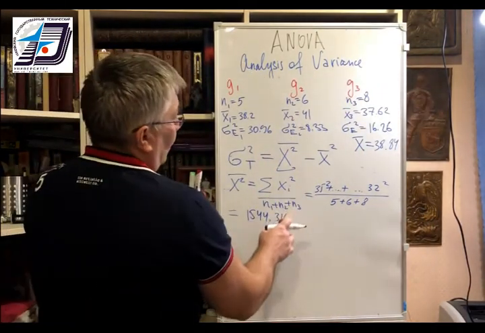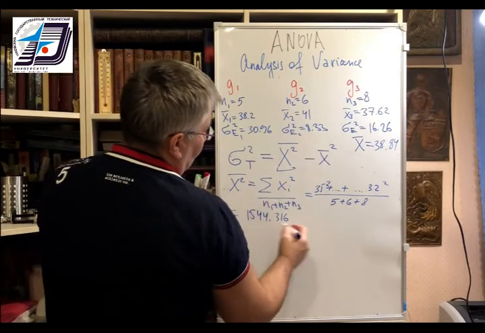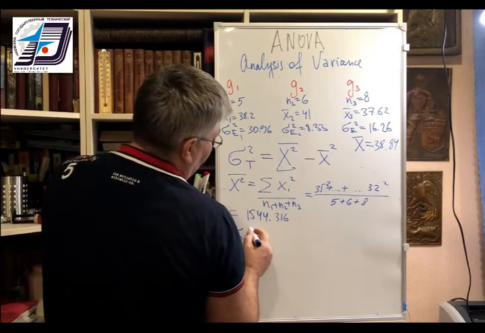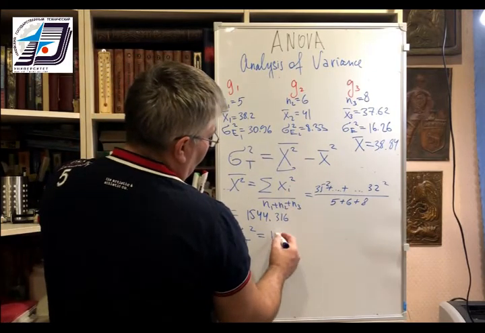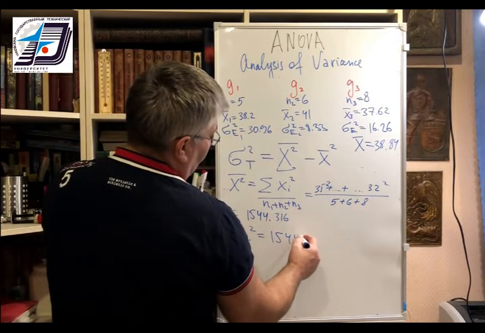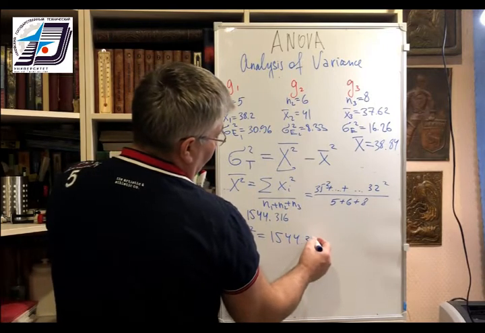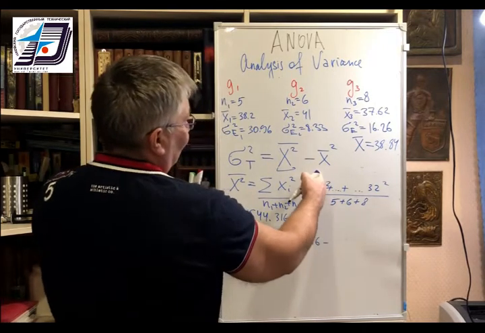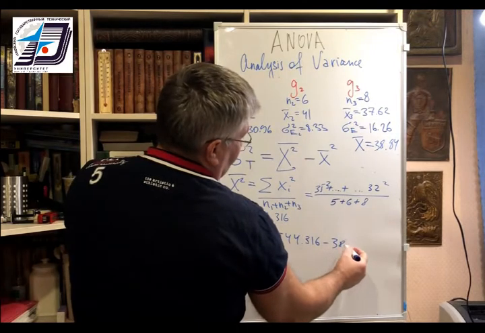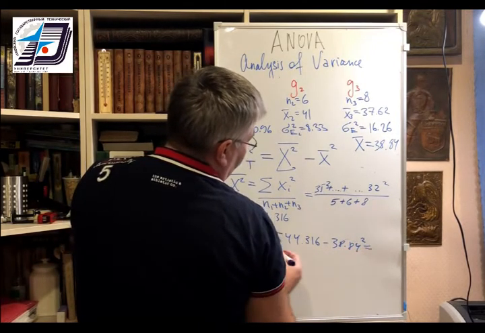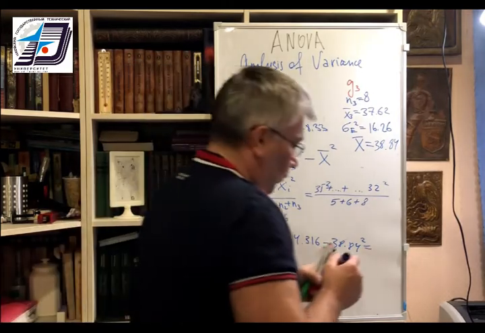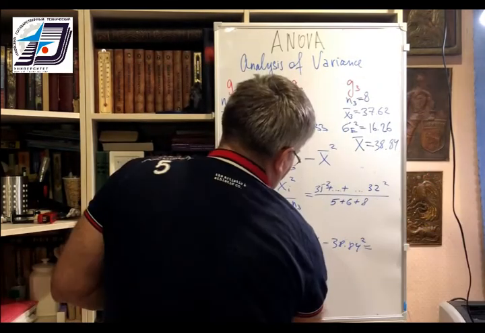And if you put this number into the formula for total variance, we have 1544.316 minus 38.84 squared, and you have the total variance.